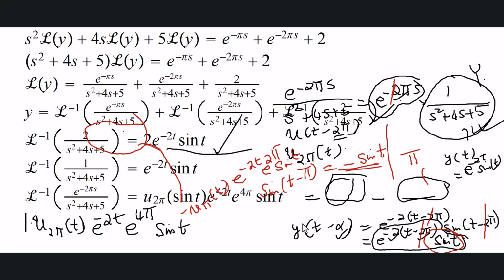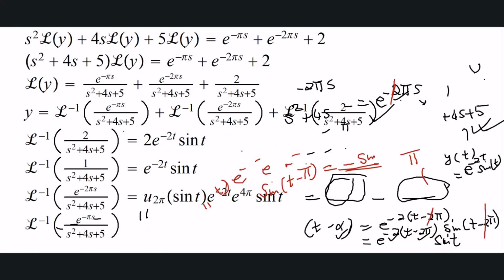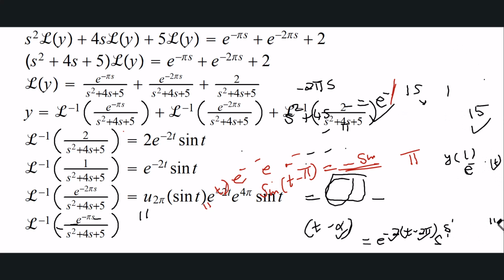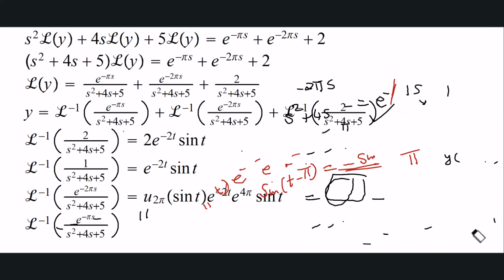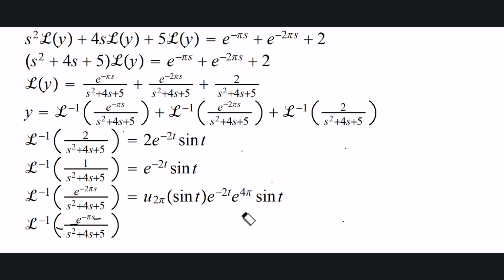So why don't I erase this handwriting here first? Because we know we got the right answer, and we had to just match those values. It's a good exercise. That's why we are asked to do that by hand. Okay, so you have all this, and here we are almost done.